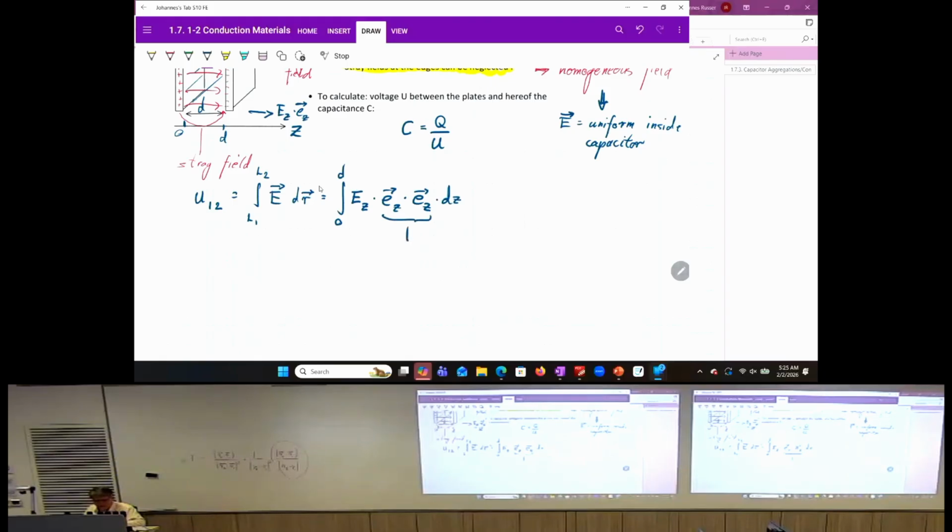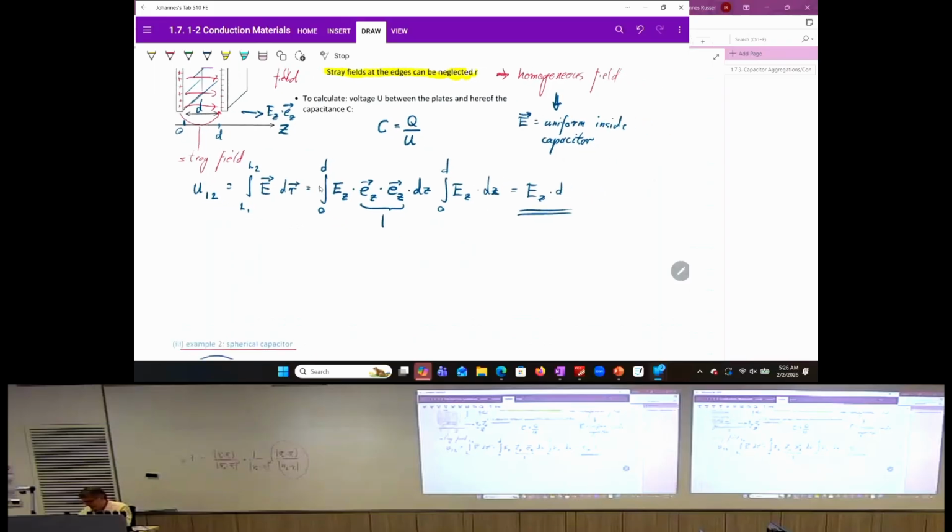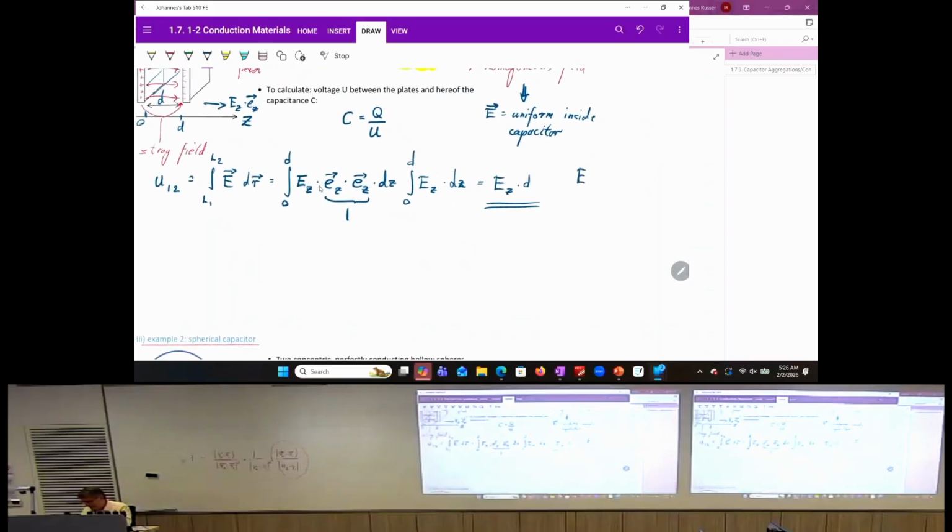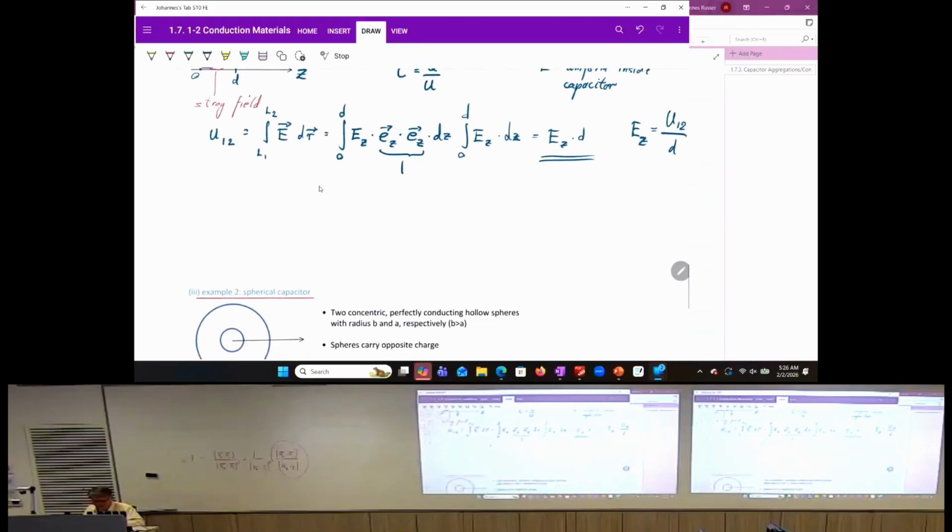Ez dot product with Ez is just 1, and that means we only have to calculate the magnitude of Ez over dz, which in this particular case is just Ez times the distance of the plate separation. So you know that the electric field between these two plates is just the voltage that you apply over the separation of these two plates.